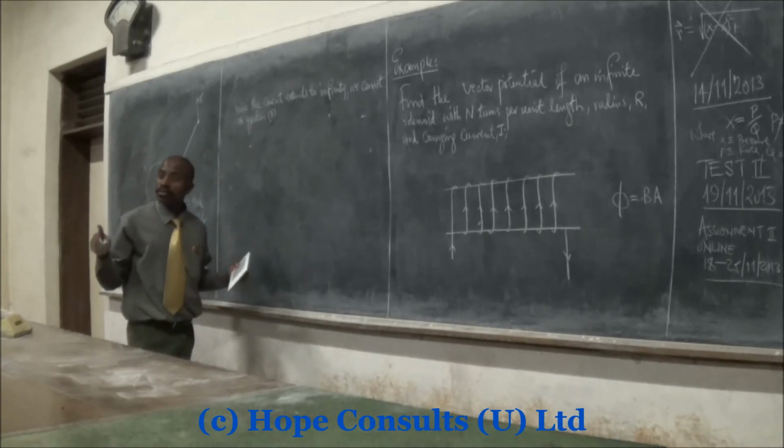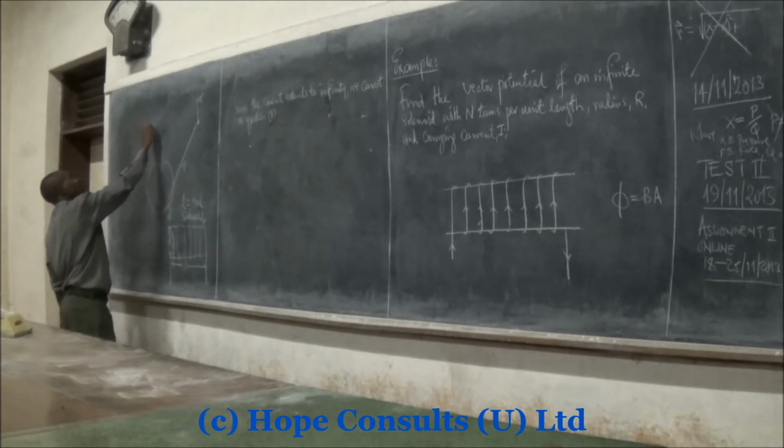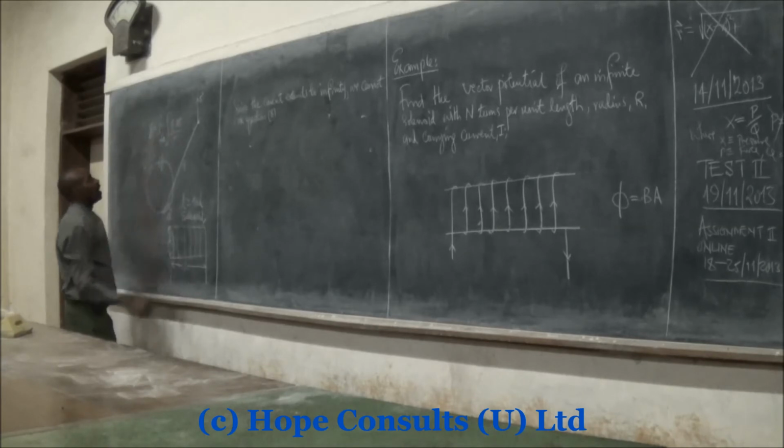Equation 8 was for surface current density, which was mu naught over 4 pi integral J dot dS over r.